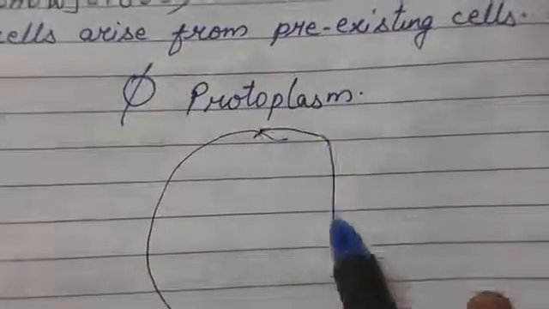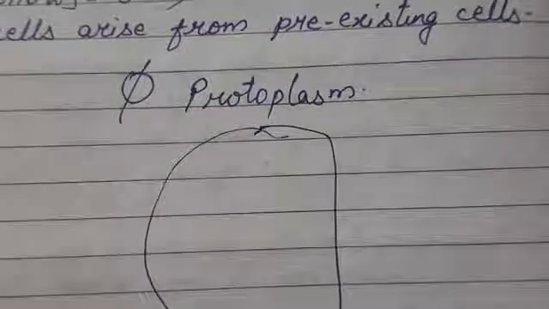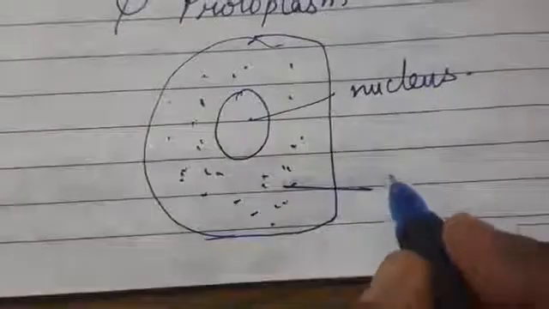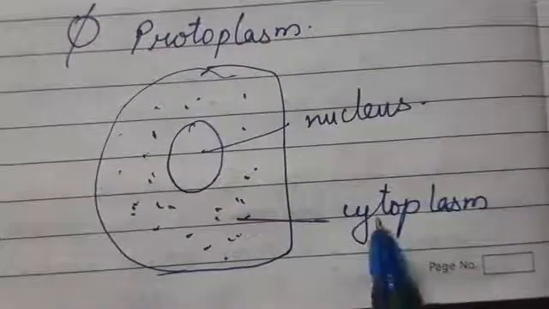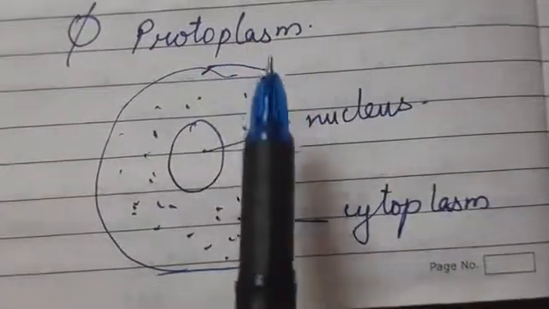This is the cell, for example, and it contains a nucleus. Last year you studied that the nucleus is surrounded by a jelly-like substance, and that is called the cytoplasm.